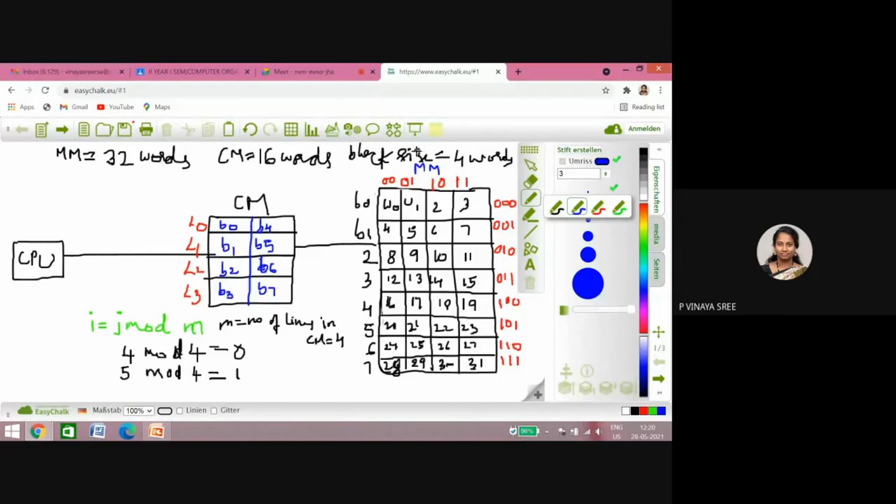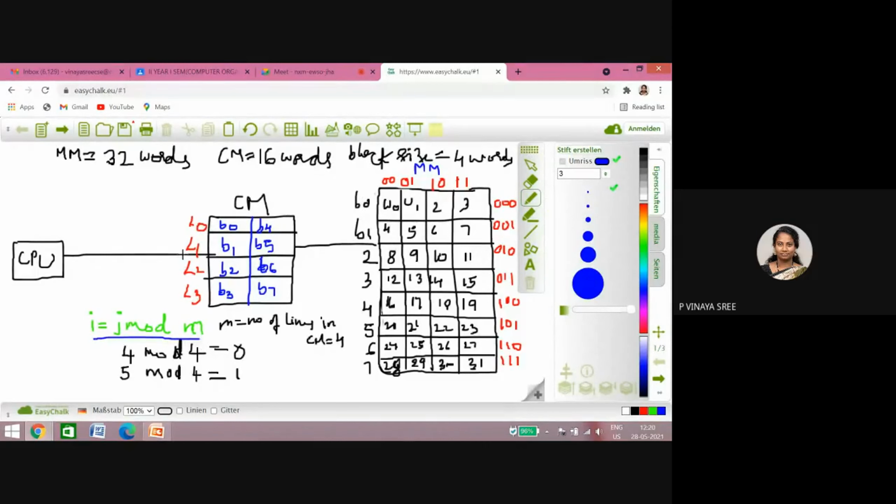Based on this, if you divide the main memory by 4, you get 8 blocks, and the cache has 4 lines. Which block is mapped to which line will be decided based on this.